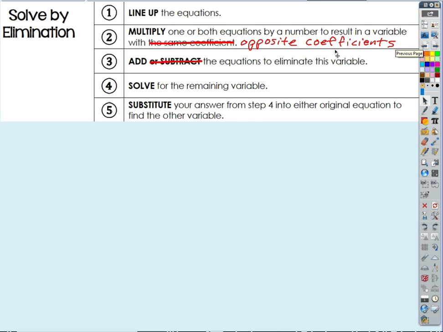Typically, not always, we have to multiply one or both equations by some number to make that happen. Once I eliminate a variable, I've only got one variable left, so it's easy to solve for that. And then the last step's always the same. We plug that back in to find the second variable, right?